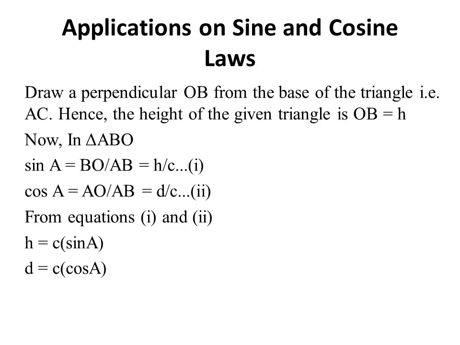Now, in triangle ABO, sin A is equal to BO by AB, that is h by c. Call it equation 1. And cos A is equal to AO by AB, that is d by c. Call it equation 2. From equations 1 and 2, h is equal to c sin A and d is equal to c cos A.